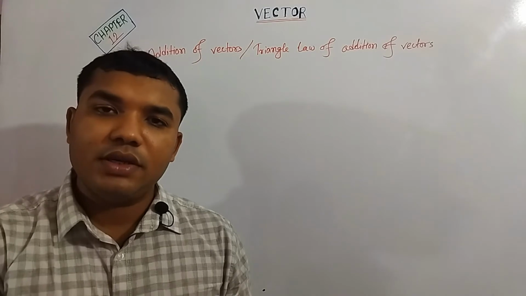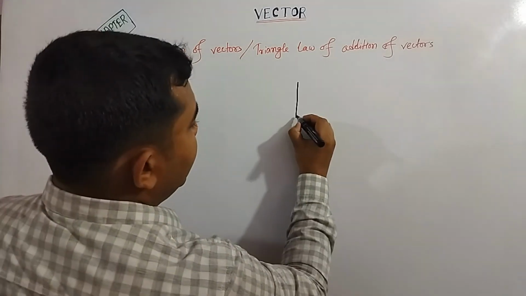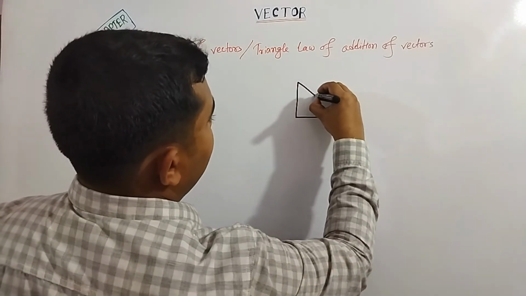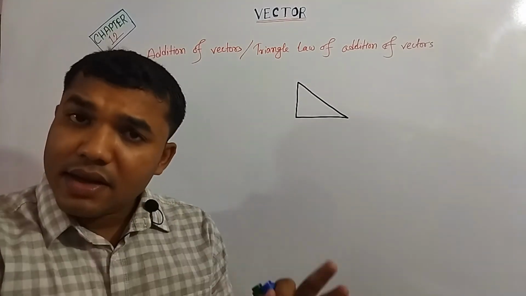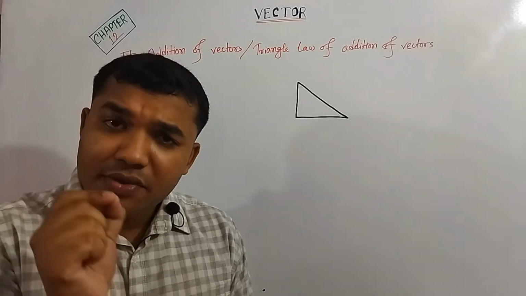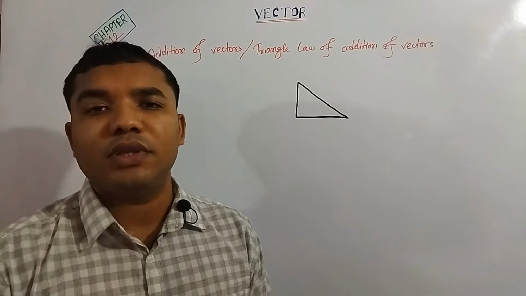To add two vectors, we will draw a triangle first, say a triangle like this. This is a right angle triangle, and the very important thing is in which direction the vectors are working.